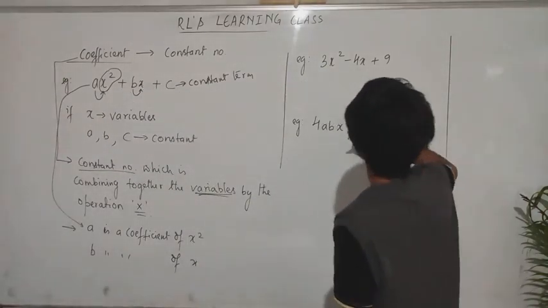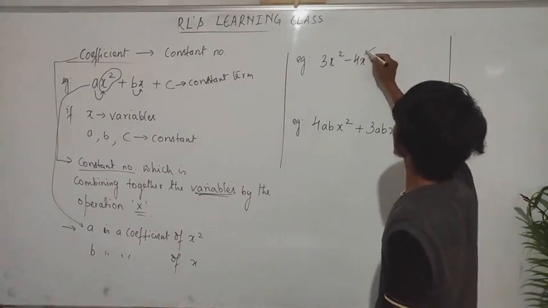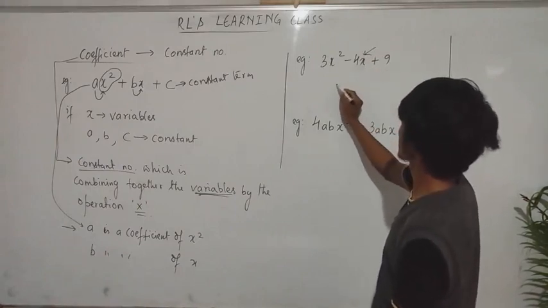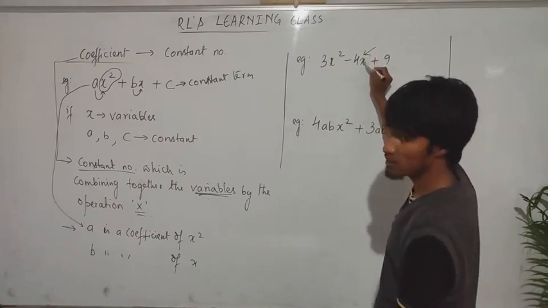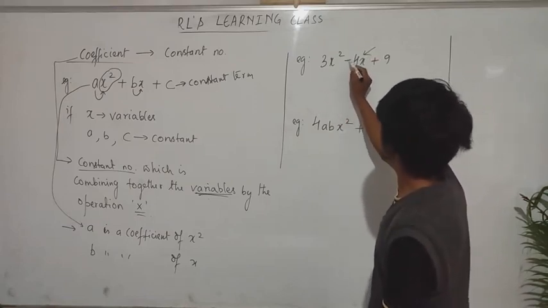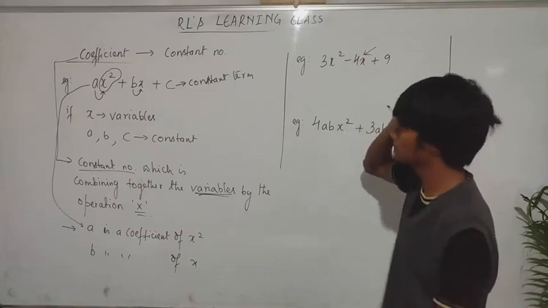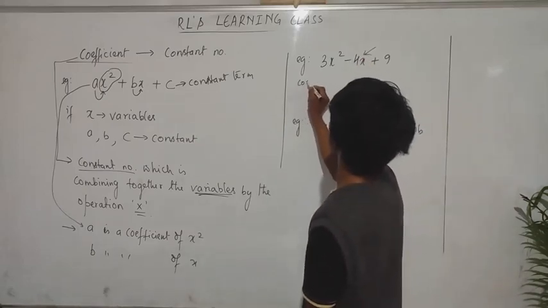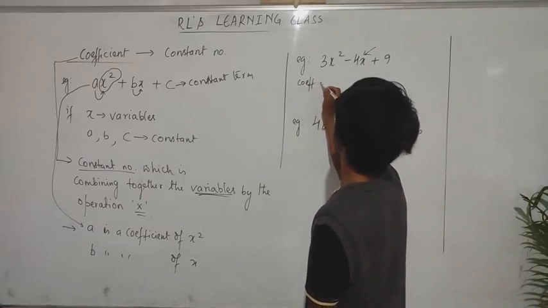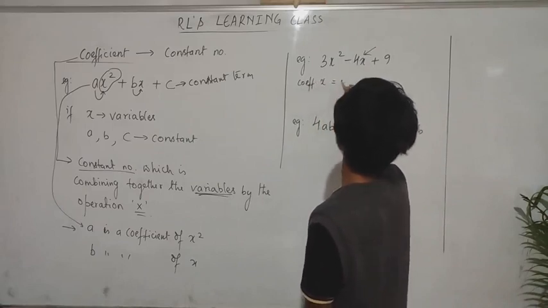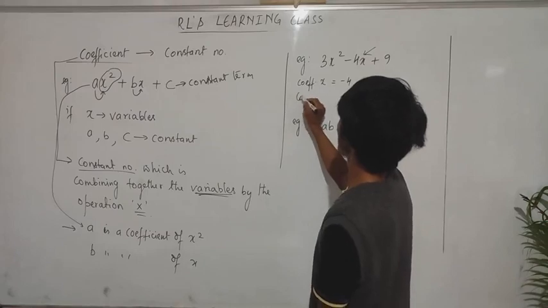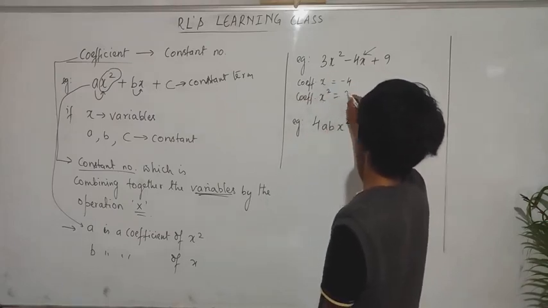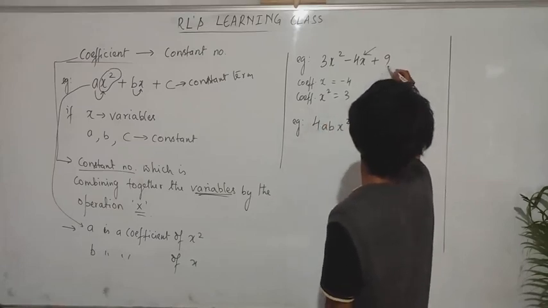Okay, now look here, an example. What is the coefficient of x? The coefficient of x will be -4; here is a minus. Then the coefficient of x squared will be 3, and the constant term will be 9.